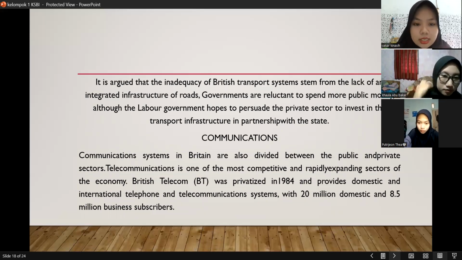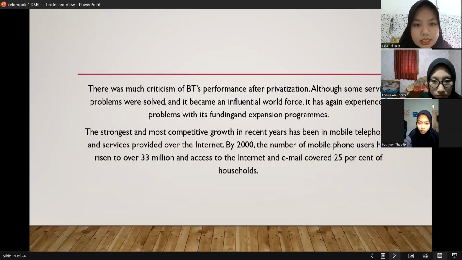Communication. Communication systems in Britain are also divided between the public and private sector. Telecommunication is one of the most competitive and rapidly expanding sectors of the economy. There was much criticism of BT's performance after privatization.